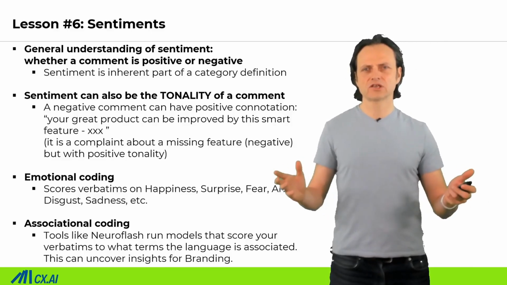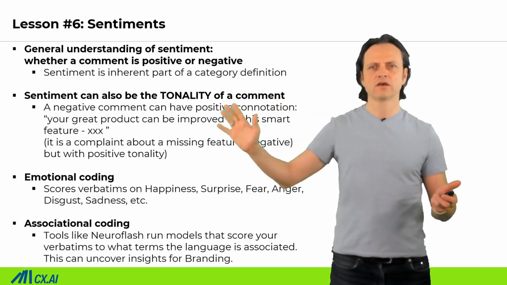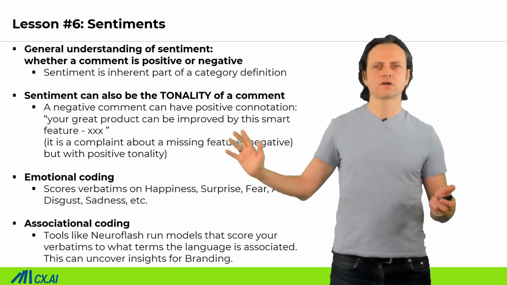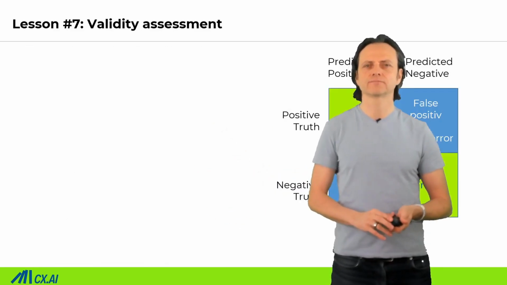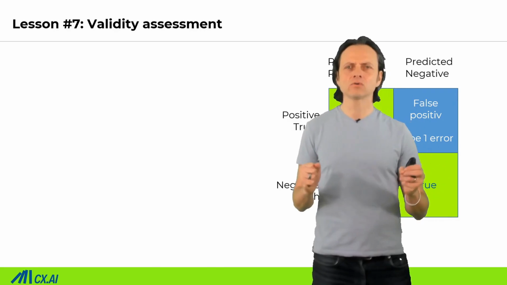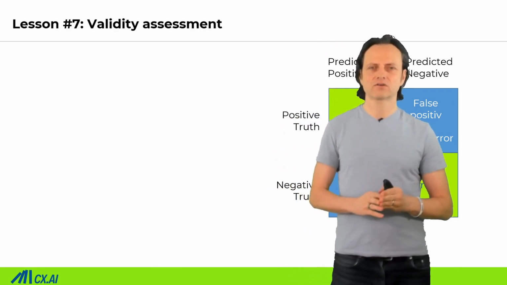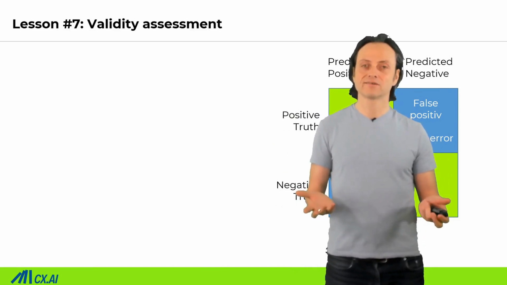Good, that's about sentiment. General sentiment, already categorized. Very interesting sentiment in terms of tonality. There are other new ways of looking at it: emotional coding and associational coding. So now let's validate our categorization. That's very important to understand.